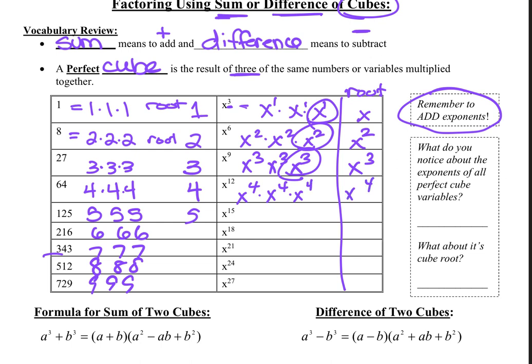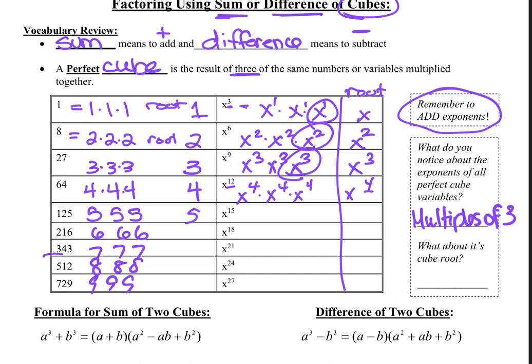So let's see. All of these guys, what do you notice about the exponents of all the perfect cubes? Well, it's 3, 6, 9, 12. Hopefully you can see that they're all multiples of 3, or they're divisible by 3. Either way you think about it, that's the way it is. So what about its cube root? We went from 12 to 4, 9 to 3.